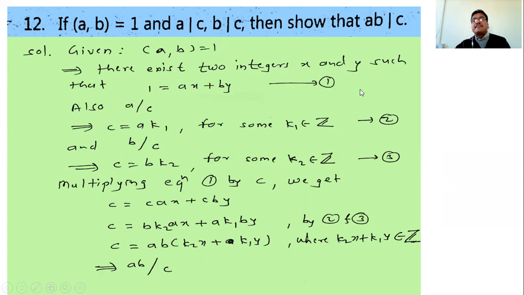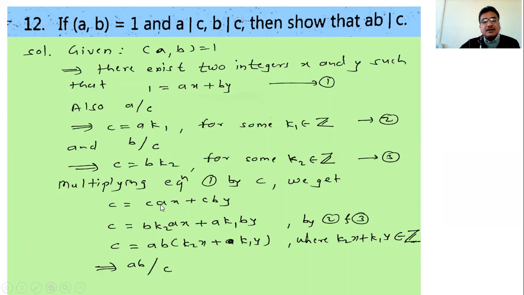This is the given. And what we have to show? ab divides c. So when ab divides c, c is expressed in the form ab times some integer. So multiplying equation 1 by c, we have c equals cax plus cby. Then write this value of c as bk2 here, and the value of c as ak1 there. Don't write both ak1 and bk2 in the same place; they are both values of the same c.